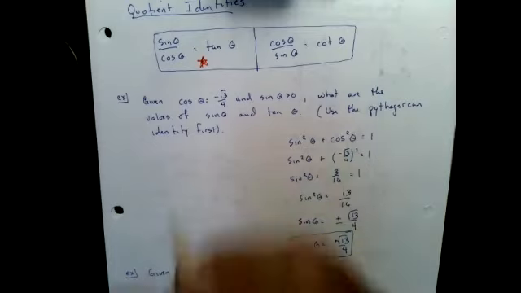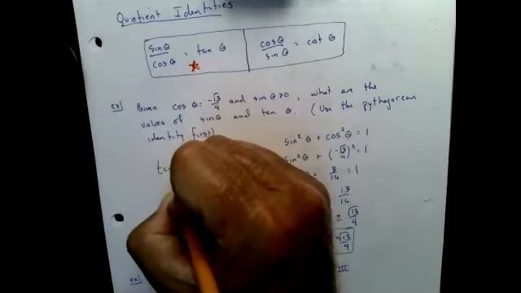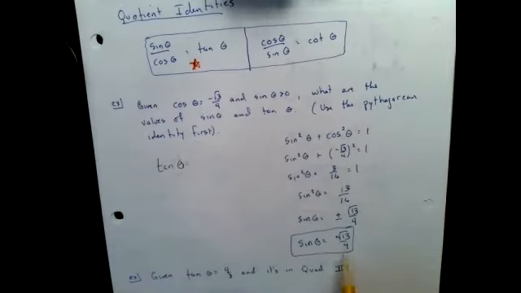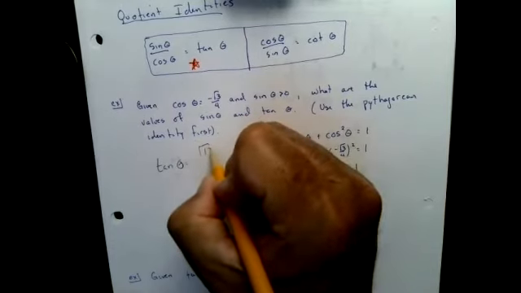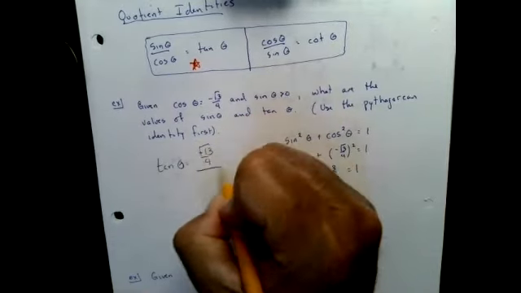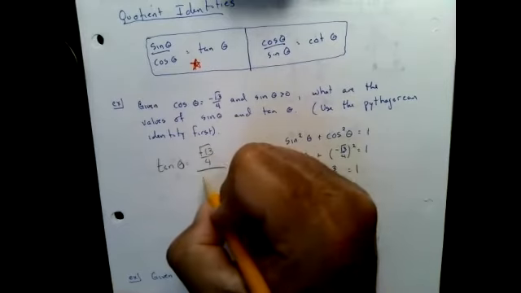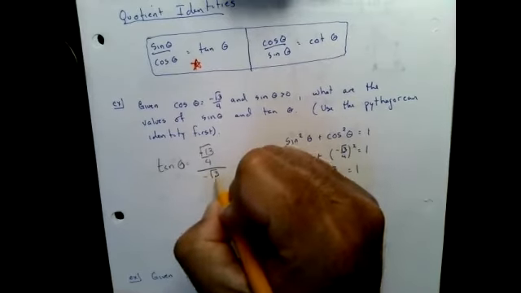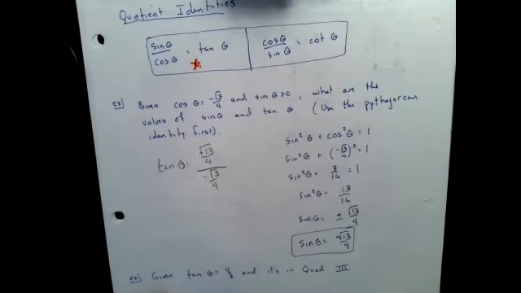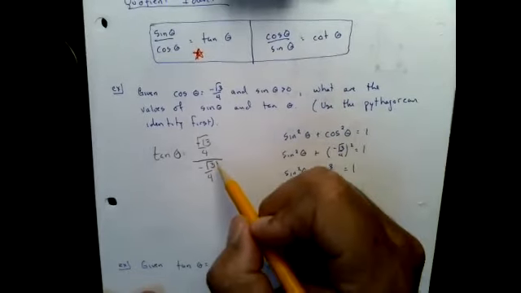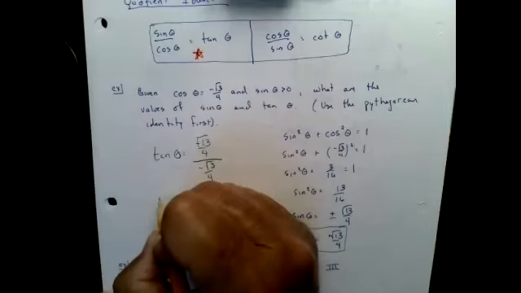Now, it also says find the tangent. Easy peasy, right? The tangent of theta is going to be the sine, square root of 13 over 4, divided by the cosine, negative square root of 3 over 4. If I multiply by the reciprocal, the 4's end up canceling.